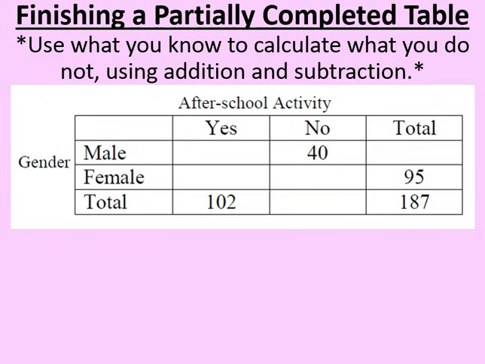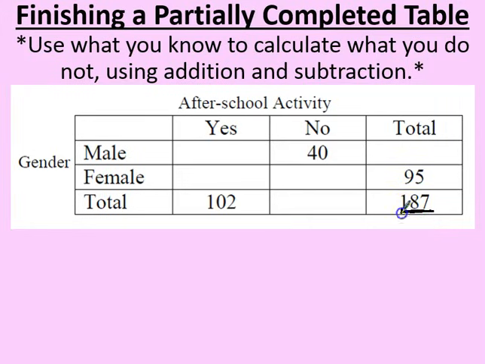Now our second skill is going to be to finish a partially completed table. What you do is you use addition or subtraction to figure out what you don't know. We'll start here. We know that there are 187 people in all that responded about their after-school activities, and that it has been sorted by boys and girls.